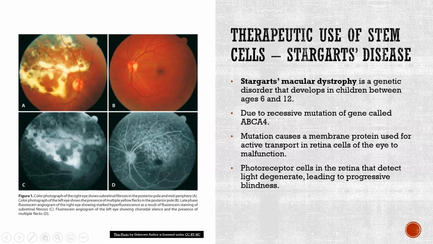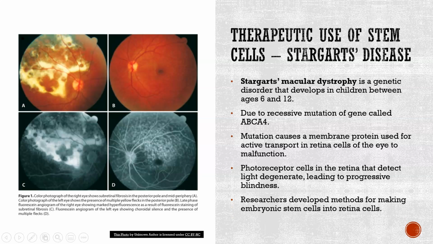The photoreceptor cells in the retina that detect light then degenerate, and this leads to a progressive blindness. So researchers developed methods for making embryonic stem cells, turning them into retina cells. So this research has started to be done.